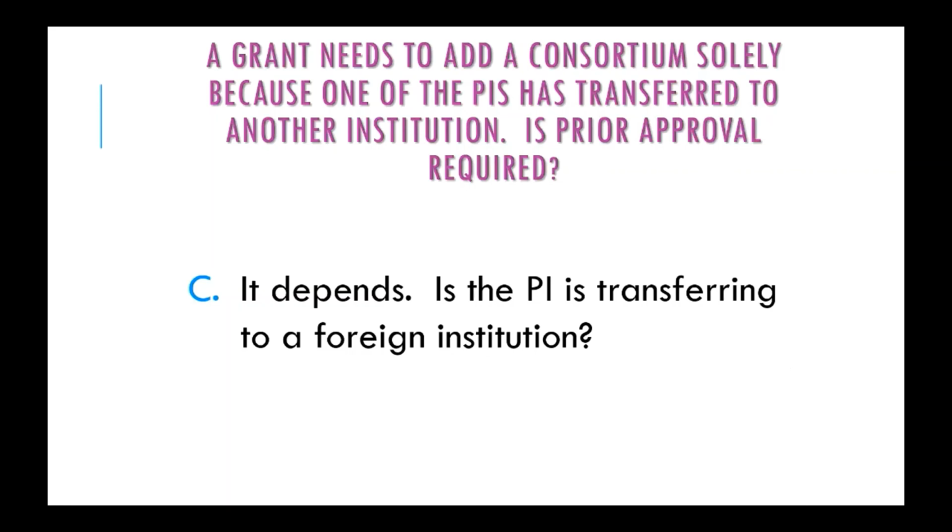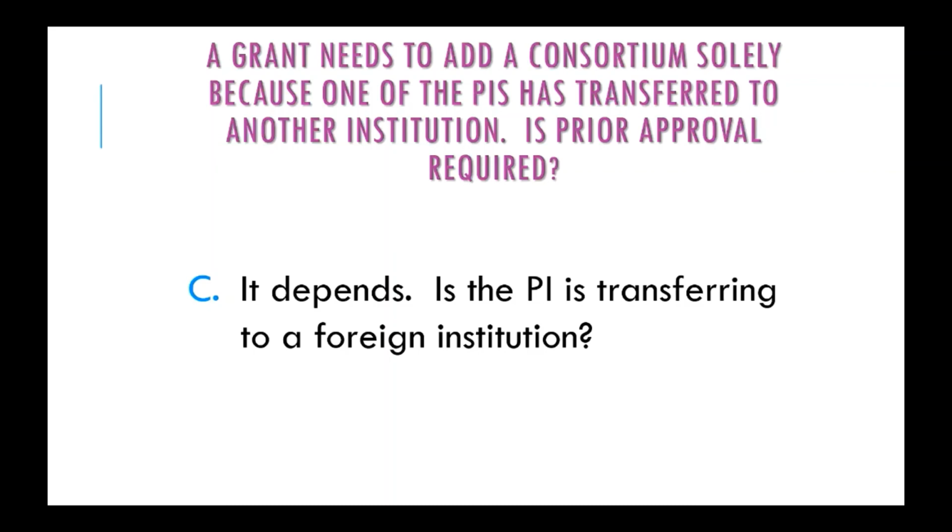The thing that we're going to focus on: a consortium in itself does not indicate necessarily a change of scope. If a co-investigator is moving from one institution to another and nothing else is changing, the addition of a consortium itself wouldn't be defined as a change of scope.